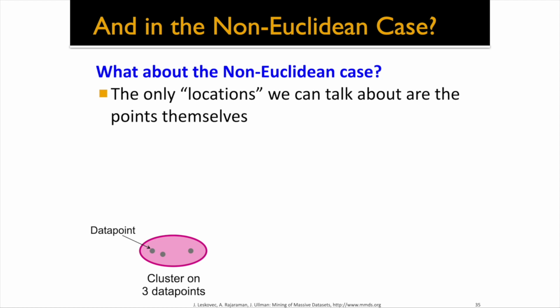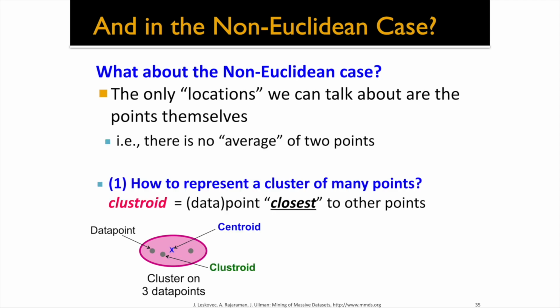We'd have to somehow say, well, what is the average angle between them? So then we start to lose this idea of some average point. Instead, we have to focus on the idea of particular points. The only locations we have are the points themselves, so averaging doesn't make sense here. So then we can introduce the notion of a clustroid, not a centroid, where a centroid is this created point that is the average of multiple points.